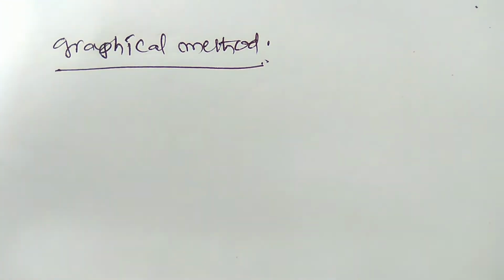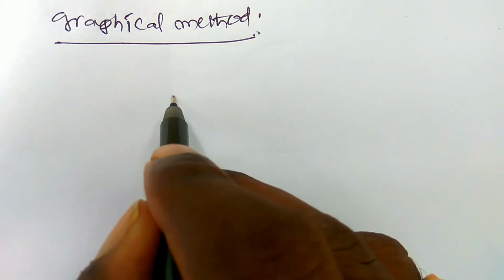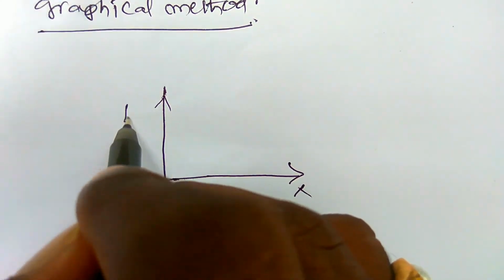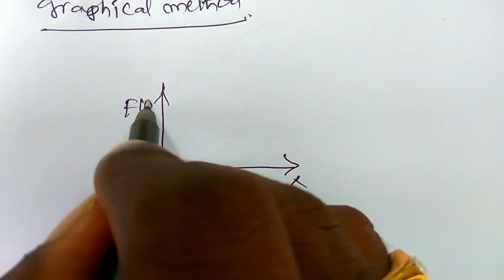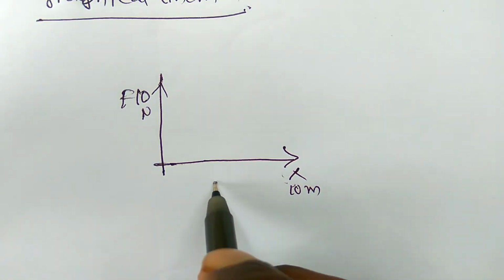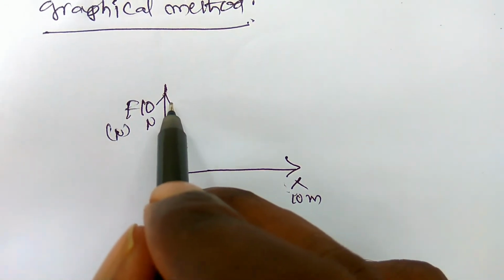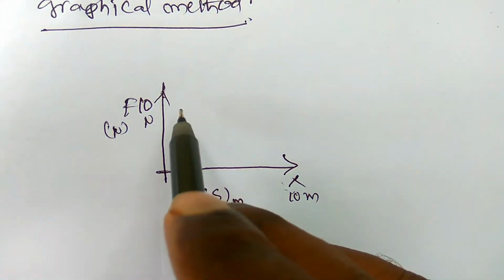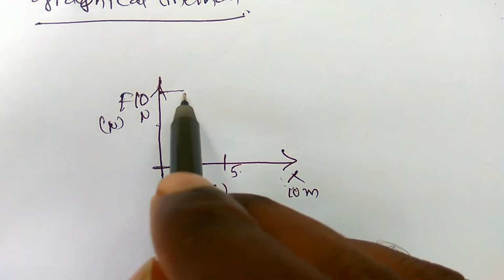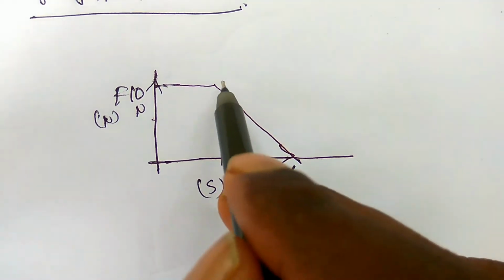One more is the graphical method. The work done can be found by the graphical method. So here you draw the F-x graph, with x on one axis and F on the other. F is equal to 10 newtons and x is equal to 10 meters, with s in meters and F in newtons. Here this is 5 meters, right, this is the graph.